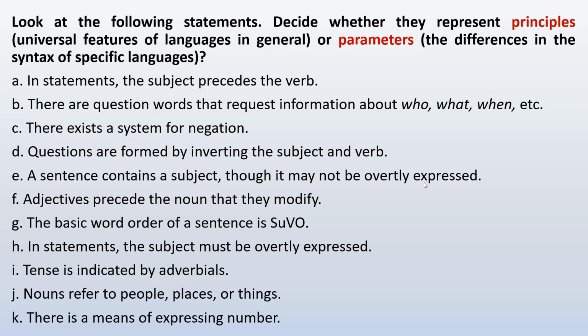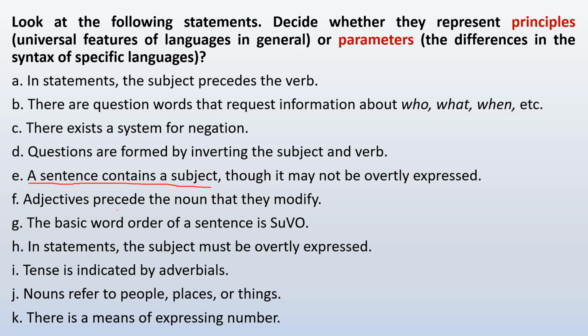Ma'am, can that sentence have both features? Yeah, but try to understand the major idea of this sentence. Get the main idea of the sentence. Though it may not be overtly expressed, the main idea is a sentence contains a subject. This is the idea. It's a principle. Yeah, this is what I want to tell you. So, this is a principle.